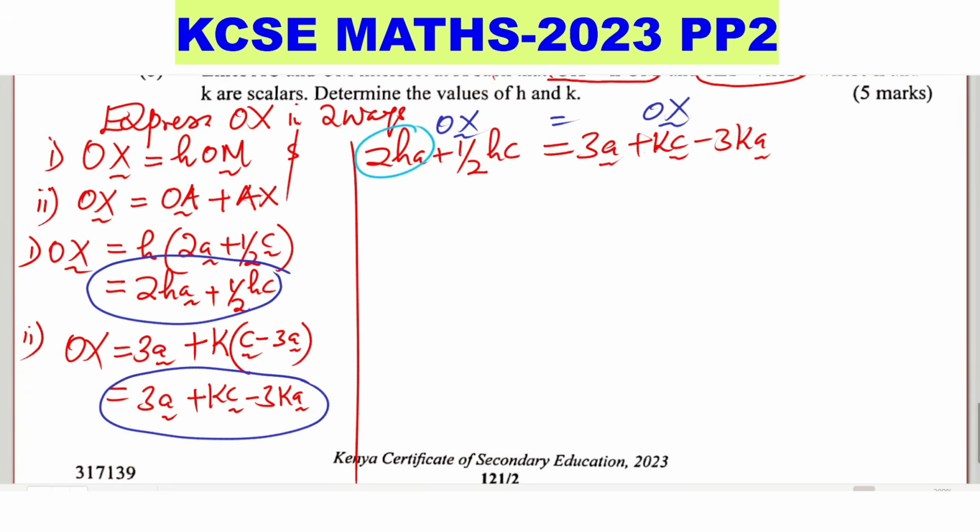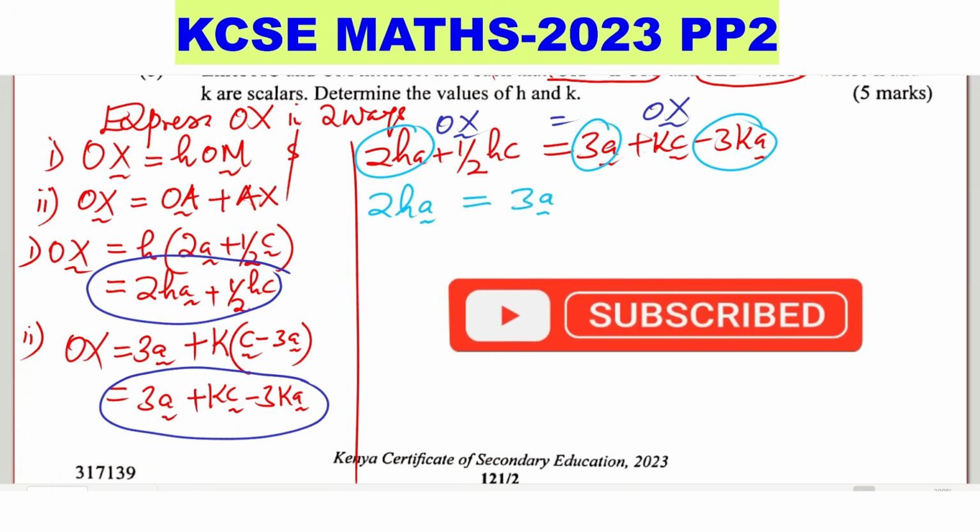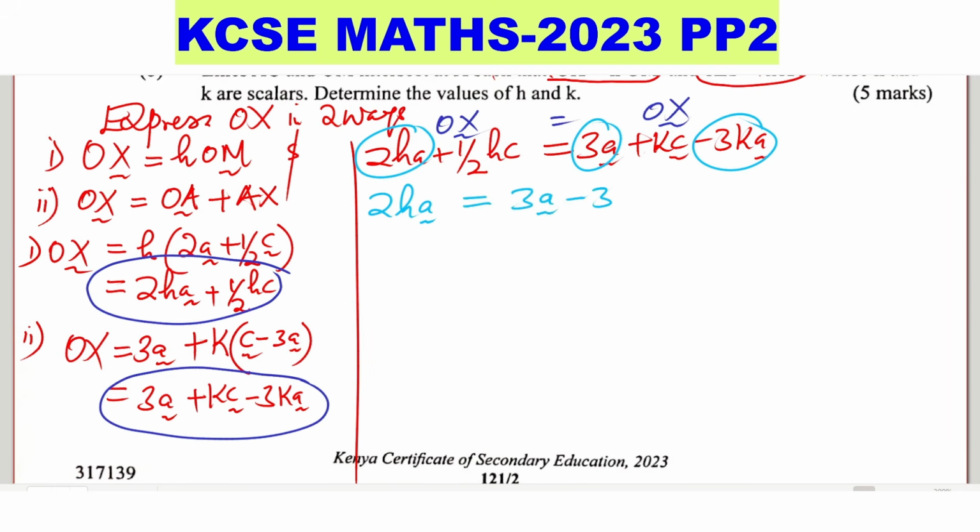So 2HA is equivalent to 3A minus 3Ka. Then from there, A is common in all these terms. Divide every term by A. Here you shall have 2H, here you shall have 3, and here you shall have 3K. So keep that equation aside.